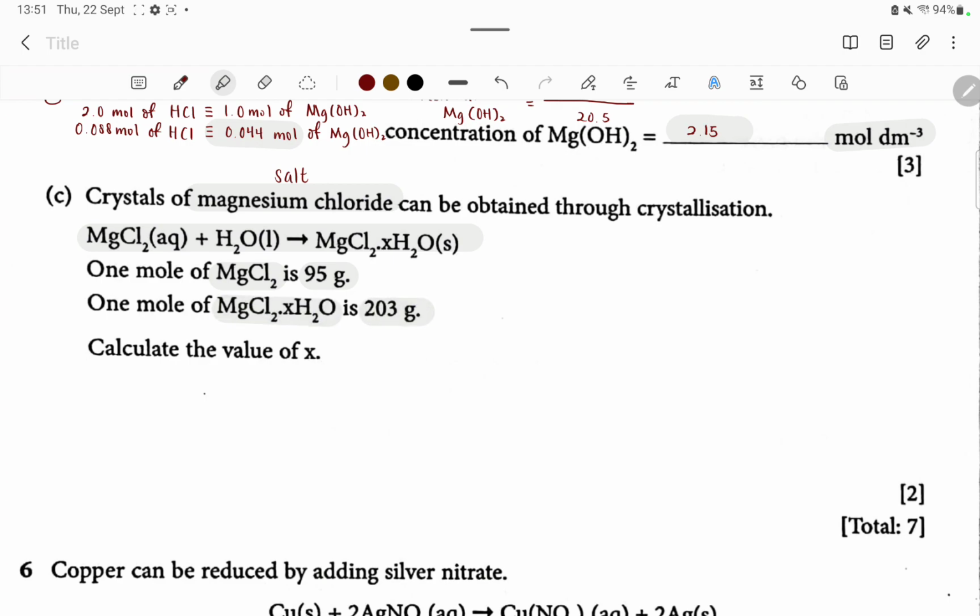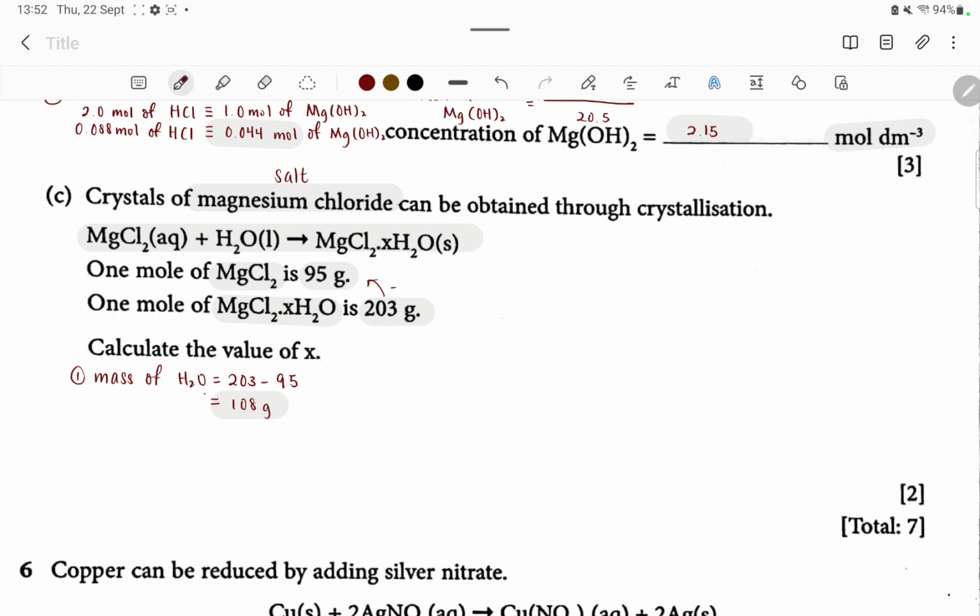So we find the mass of the water first. We use this one minus the 95. So first things first, mass of H2O equals 203 minus 95. Press calculator, you should get 108 gram. This one is your first mark.